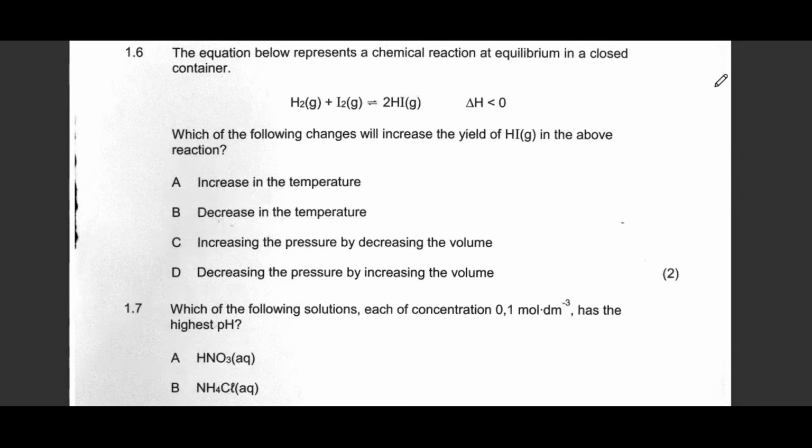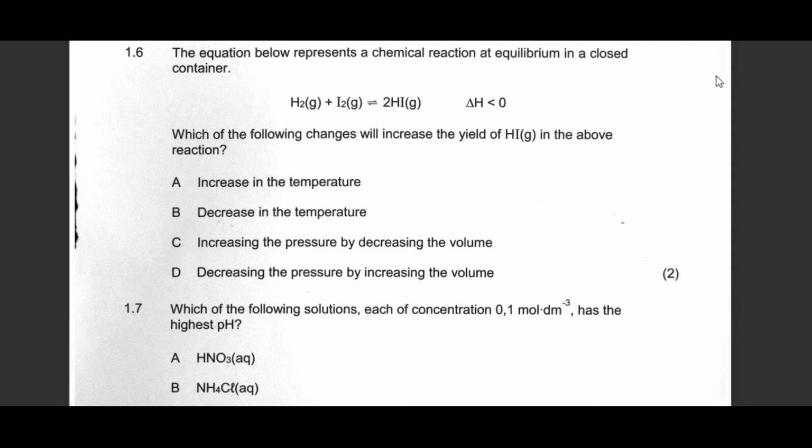Then question 6, they are saying the equation below represents the chemical reaction at equilibrium in a closed container. They are asking which one of the following changes will increase the yield of hydrogen iodide in the above reaction.